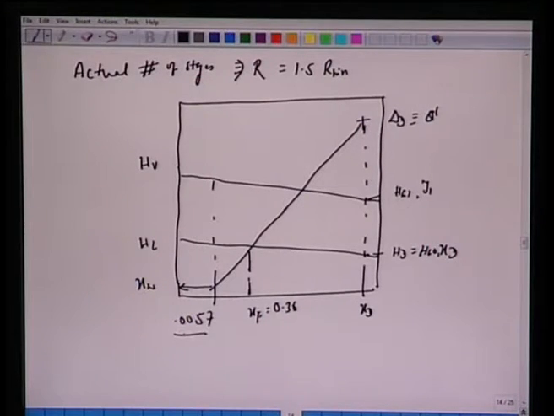So to calculate the total number of plates at these conditions, we can start from here, Y1. We draw the equilibrium curve. First stage. So this vapor is in equilibrium with this. This is Y1, this is X1, and this is Y2.